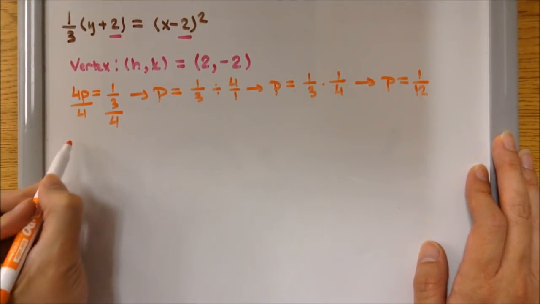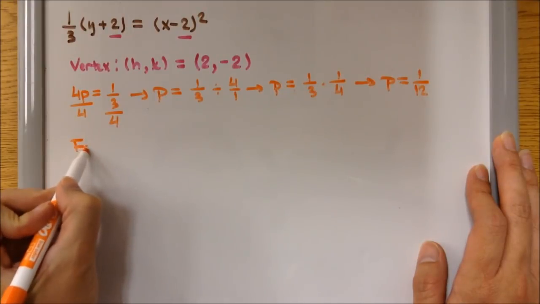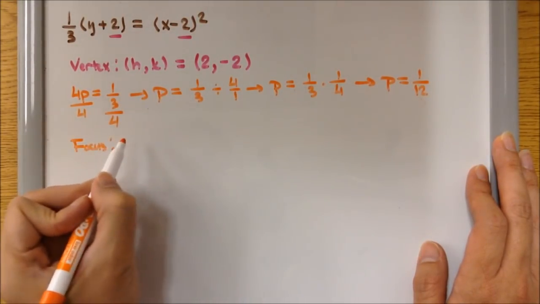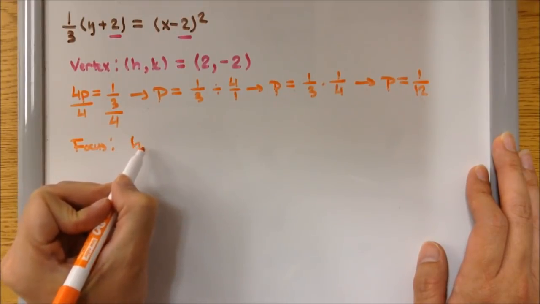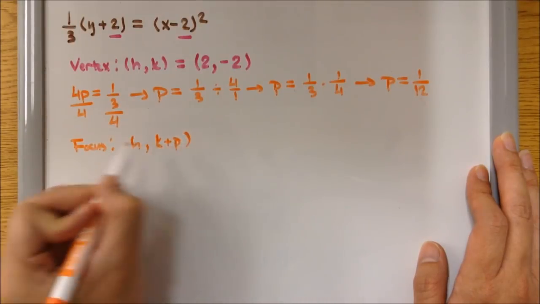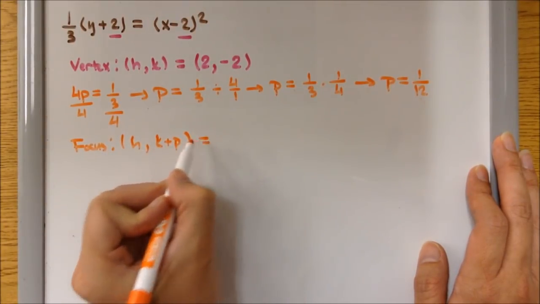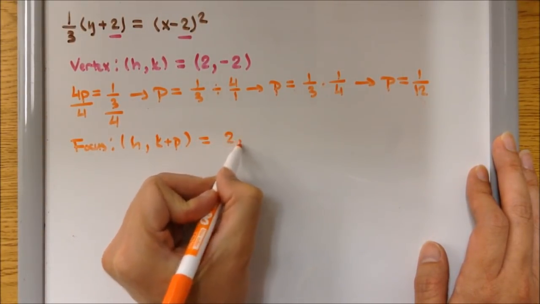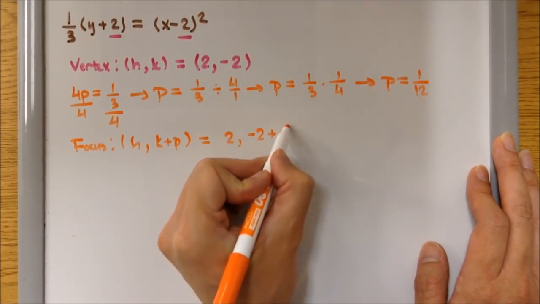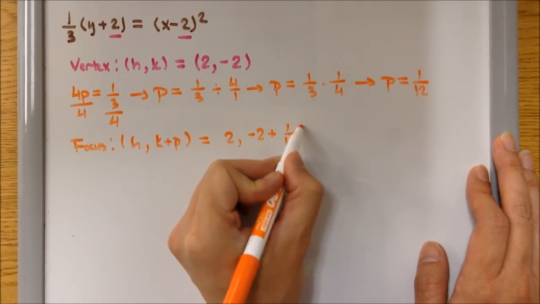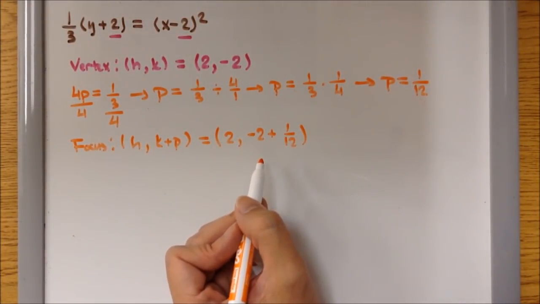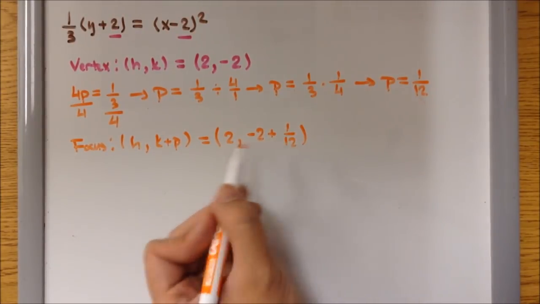Alright, now to find the focus, this will be h, comma, k plus p. So h is just positive 2. Now k would be negative 2 and then plus 1 over 12. So I'm going to change negative 2 into a fraction with a common denominator of 12.